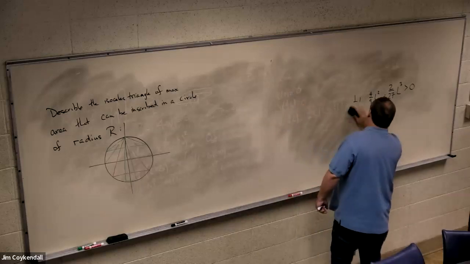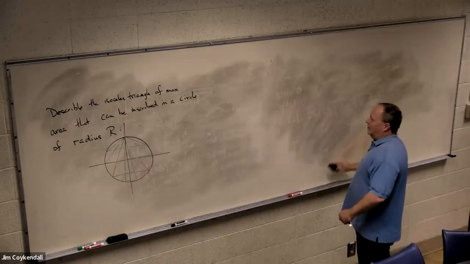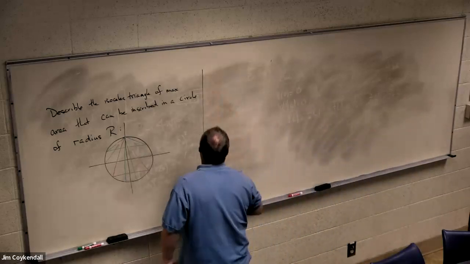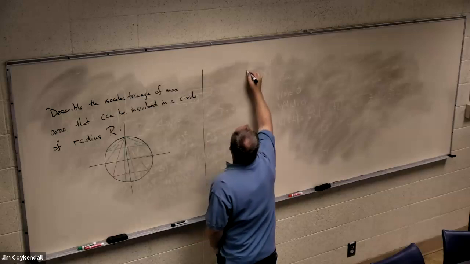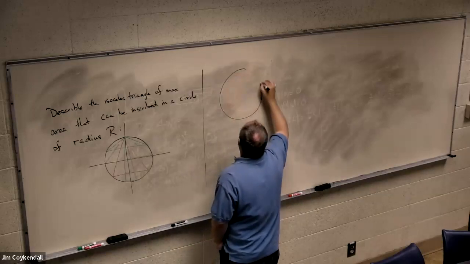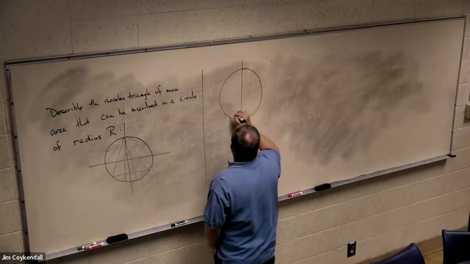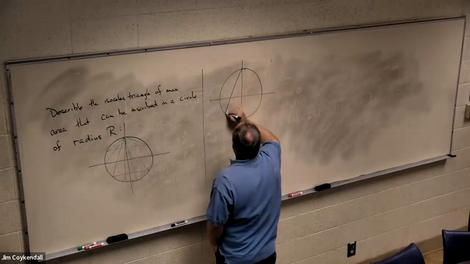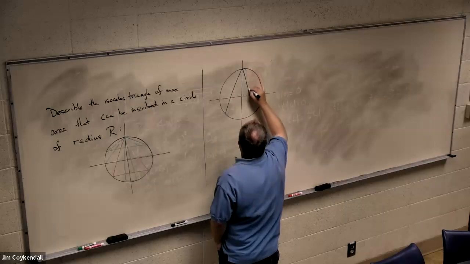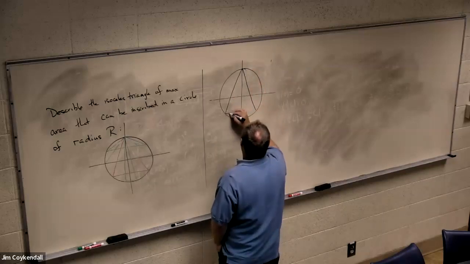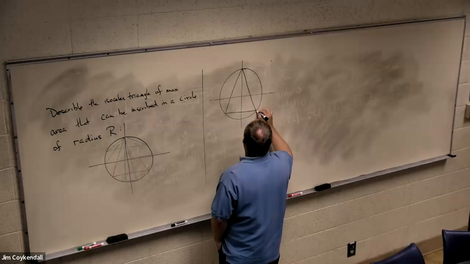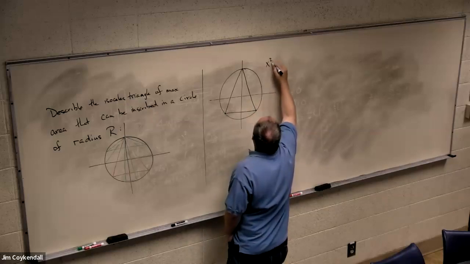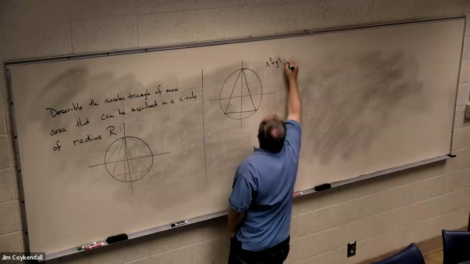Let me draw the picture and set up here. I'm going to use words here. So this is the circle x squared plus y squared equals 1.